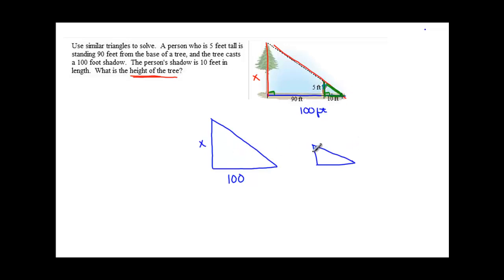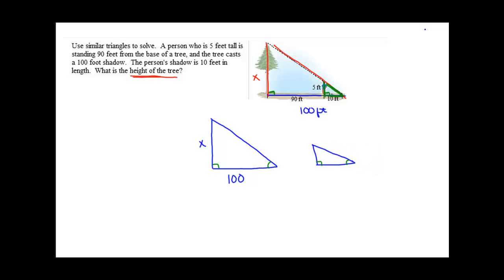So if this angle corresponds with this one, these two angles are exactly the same, then the remaining angle would have to be the same measure as well, since the sum of the angle measures of both triangles must be 180.